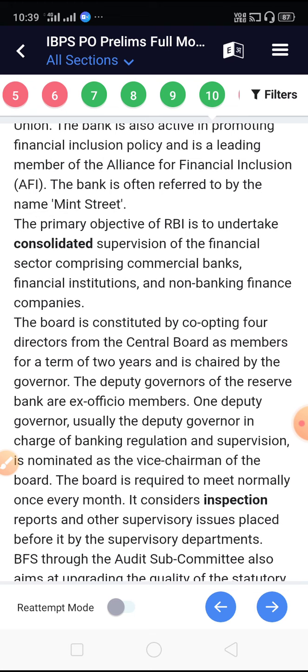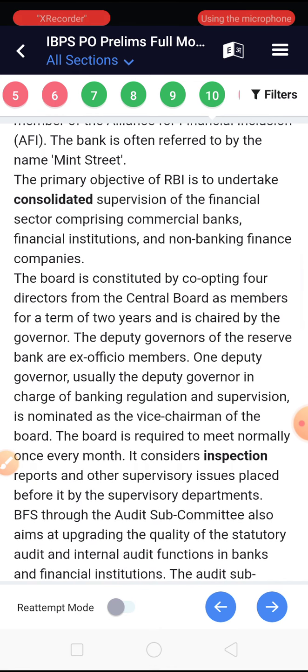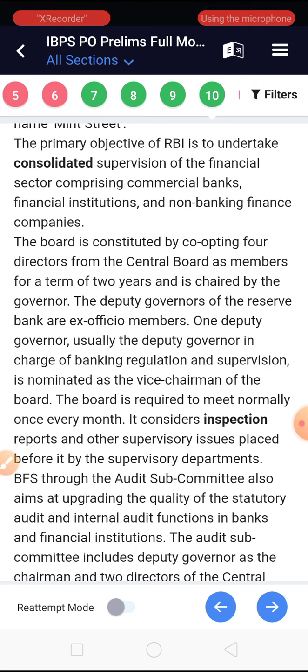Usually the deputy governor in charge of banking regulation and supervision is nominated as the vice chairman of the board. The board is required to meet normally every month. It considers inspection reports and other supervisory issues placed before it by the supervisory departments.